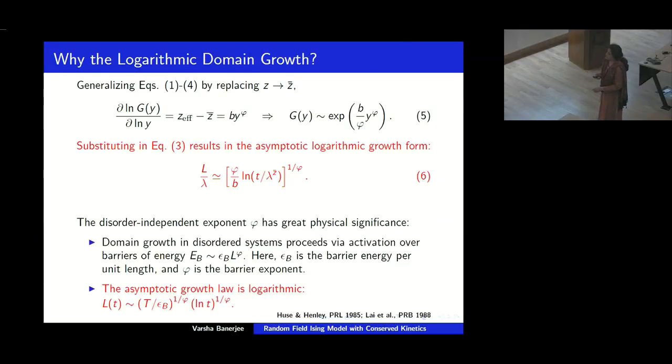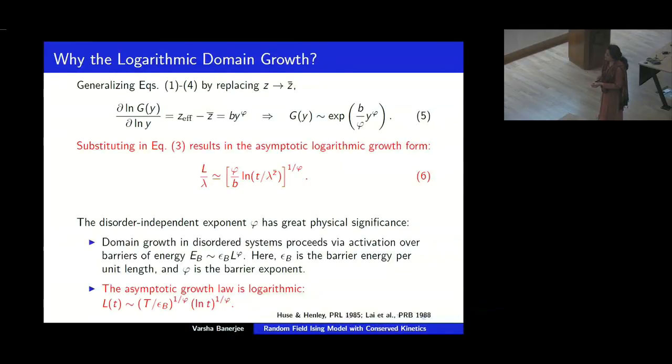And this has a lot of physical significance because domain growth in disordered systems proceeds via activation over barriers. And the energy of the barrier goes as L raised to phi. So that's an important quantity to evaluate, which we have been able to evaluate by using the scaling protocol.